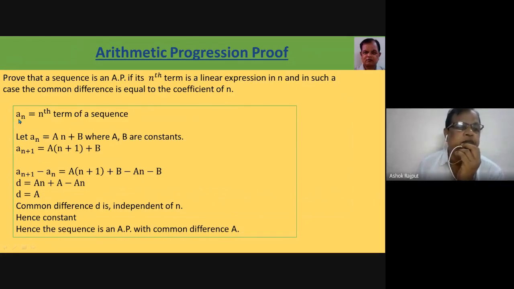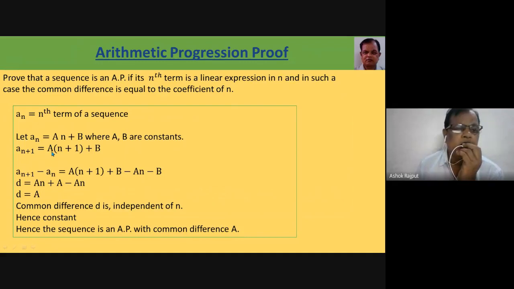Here an equals the nth term of the sequence. So let an equal a n plus b, where a and b are constants.